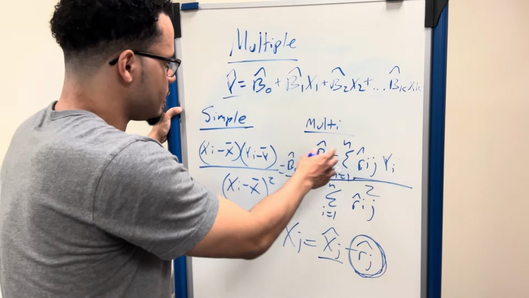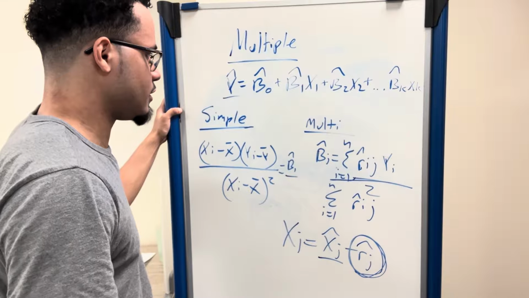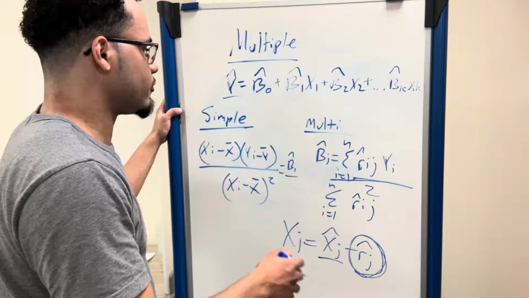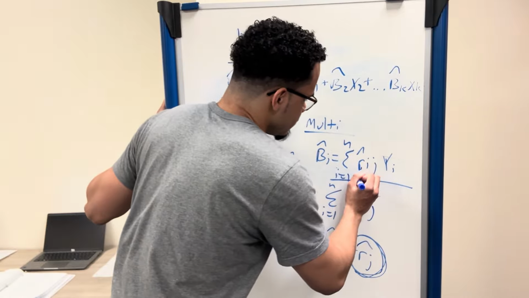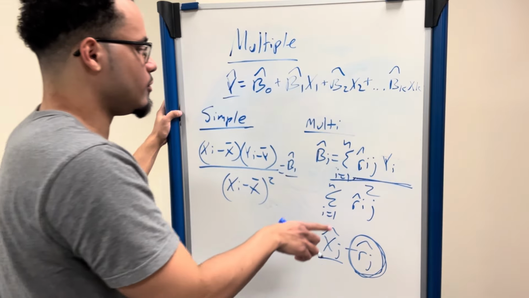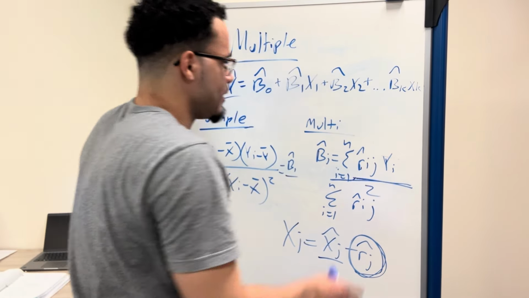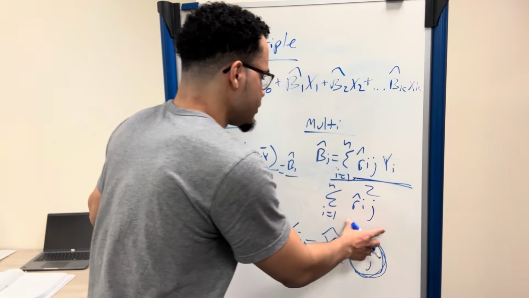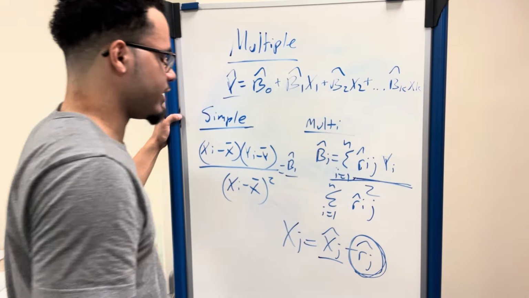J is just there because we have many explanatory variables, so this is for J number of explanatory variables. We have the portion that doesn't co-move with other variables times Y, over the portion that doesn't move with the other explanatory variables, squared.